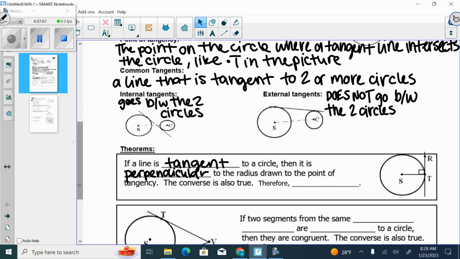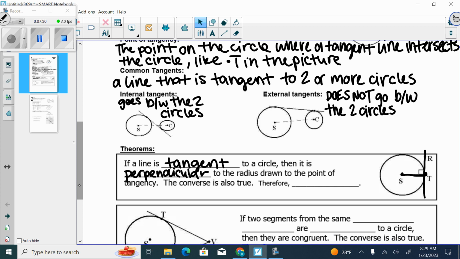What does perpendicular mean? 90 degrees. Right, it's going to form a 90-degree angle at the intersection. So that's what's going to be important here, is that we know that it forms a 90-degree angle where some radius, which would be this segment here, intersects a tangent line, which is what this line is here because it intersects the circle once. Right?